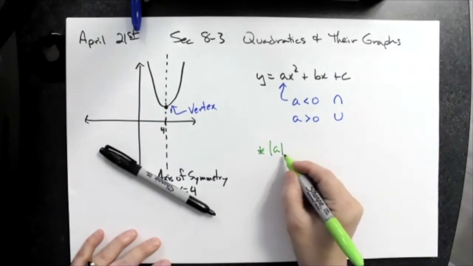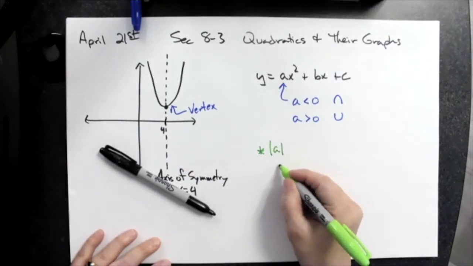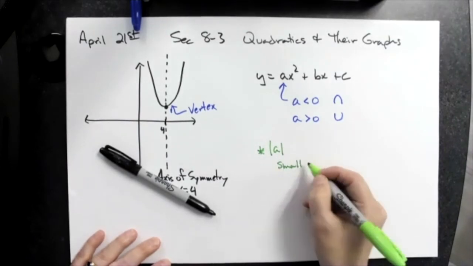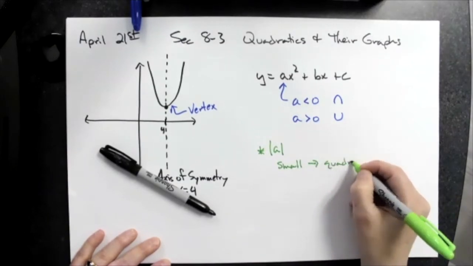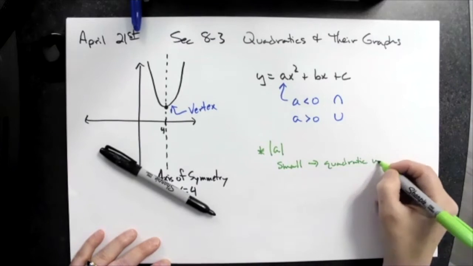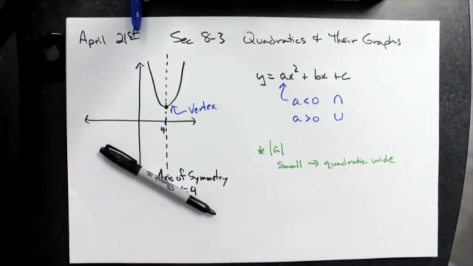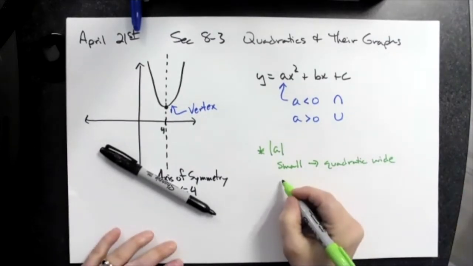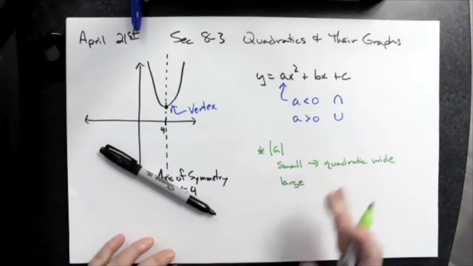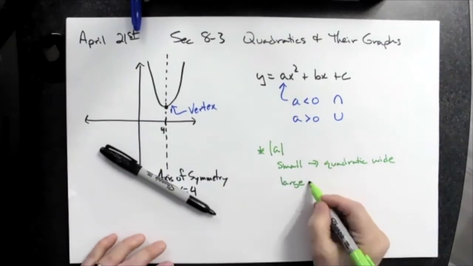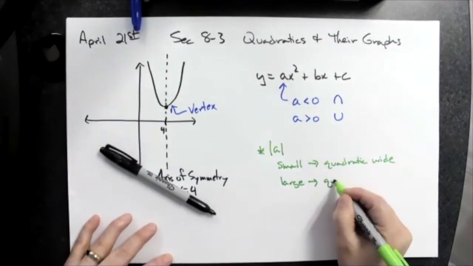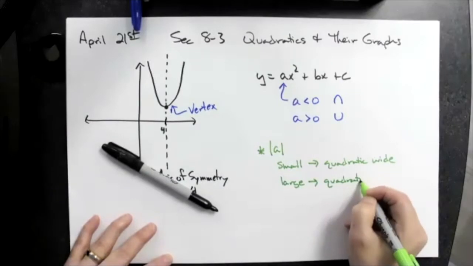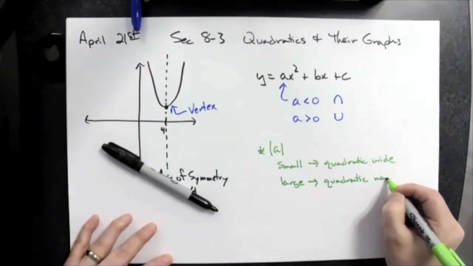When the absolute value of a is relatively small, that means that the quadratic is going to be fairly wide. When the absolute value of a is a rather large number, or larger if I were comparing 3 different choices, then the quadratic would be relatively narrow.